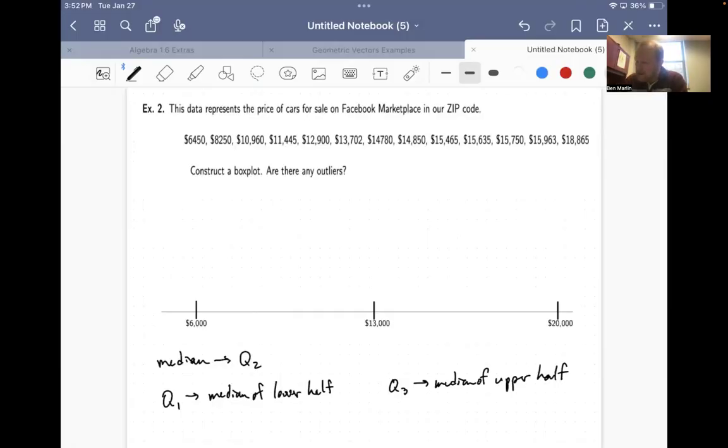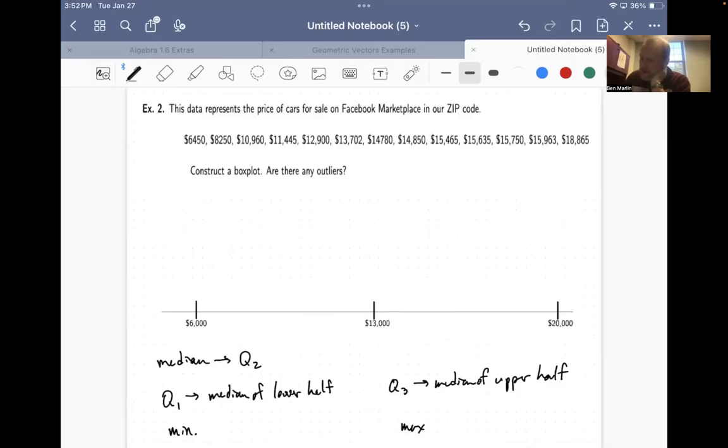Then we're going to think about the minimum and the maximum, and we're going to mark those off as well. And we're going to draw whiskers out to that. If that's a bunch of terminology that you're not used to, don't worry, we're going to get it as we go. All right. So what we have to look about here is to figure out where these numbers lie.